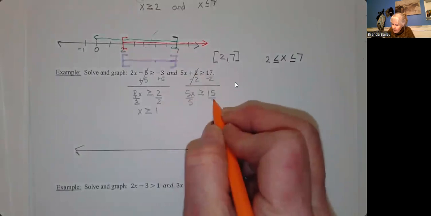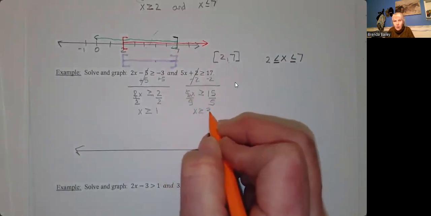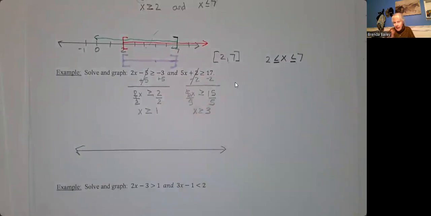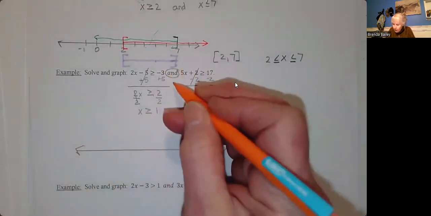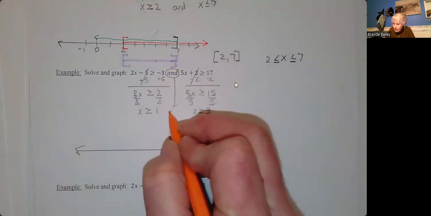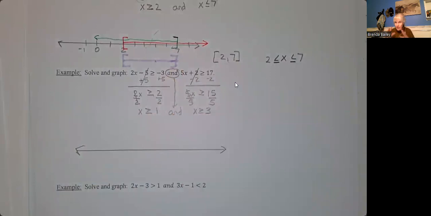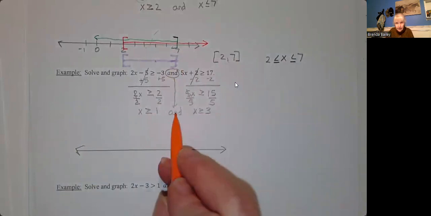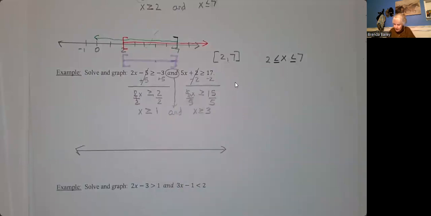Because we're dividing by a positive, we will not flip the inequality. And this next part is important. What do you put in between? What are you looking for? Are you looking for what's in common, or are you looking for an or where you just combine? Well, this is an and, so it's an intersection. It's what's in common. Let's go ahead and graph.